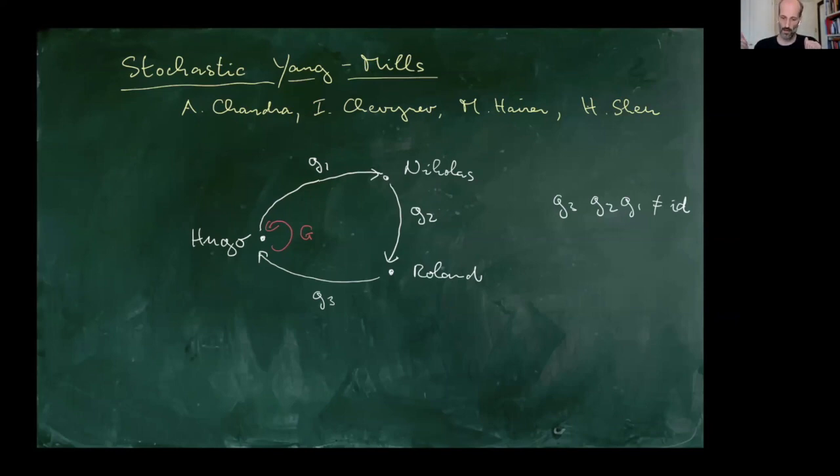So in the discrete case, the idea is that in the description of your universe, whenever you go from one point to another, you would have to apply a group element to your state.